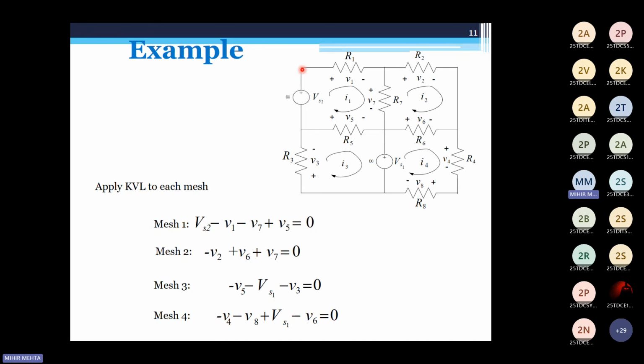I'm moving from the left side of R1 to the right side of R1. This is my travel direction, and the positive and negative signs are given. So the voltage drops from positive to negative, and the current would also be flowing in this direction. That is why we have this as minus V1. So you can see that in the equation you have minus V1.